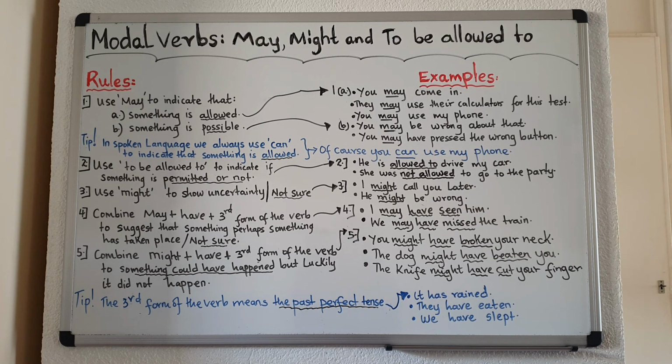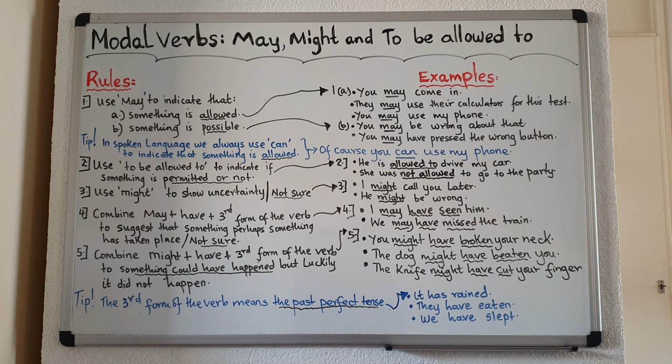The next example, the dog might have bitten you. You're lucky. The dog did not bite you, but the dog might have bitten you. And the last sentence, the knife might have cut your finger. You're very lucky because the knife might have cut your finger.